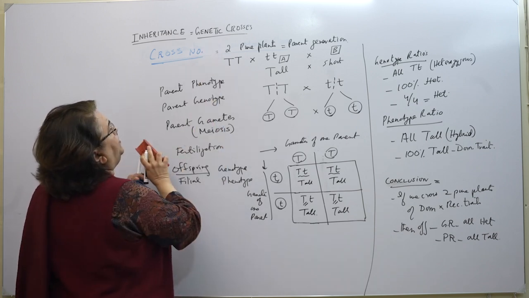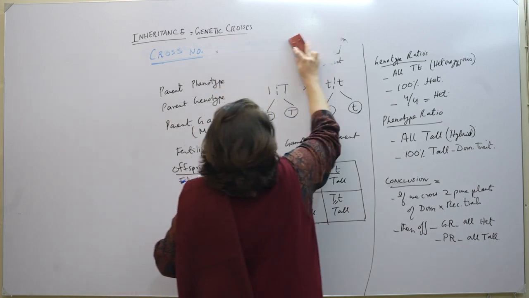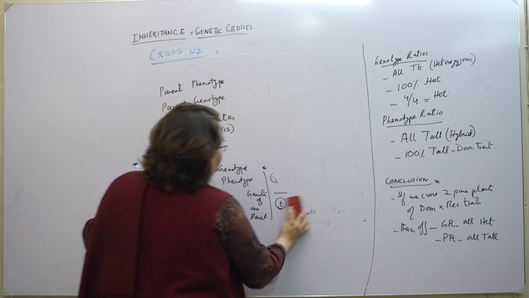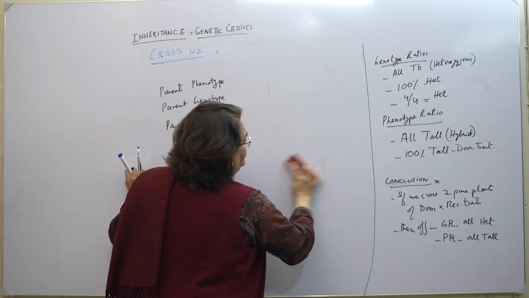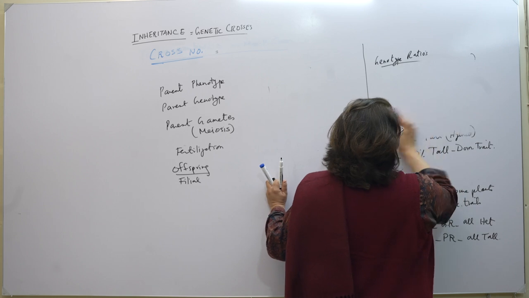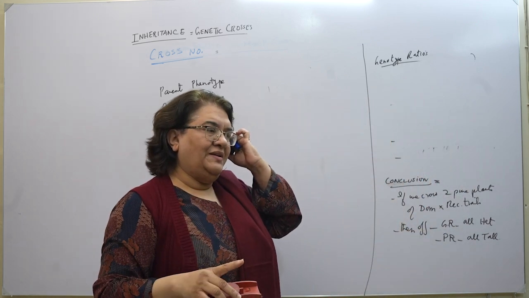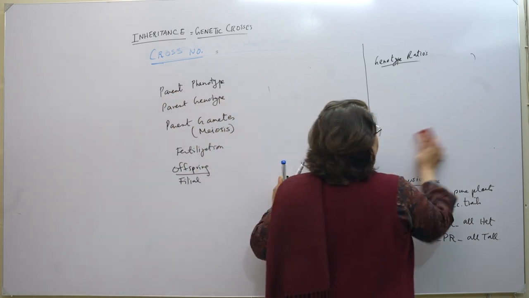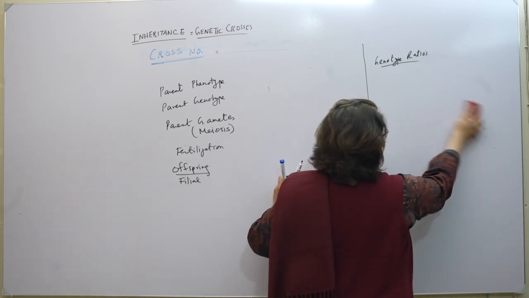Now going on to cross number 2, I leave the headings in their place, and then we can work out the cross. What we do in cross number 2 is take the offspring from the parent generation and cross them together. What do I mean by that? The term we use in plants is self-pollination, or selfing.